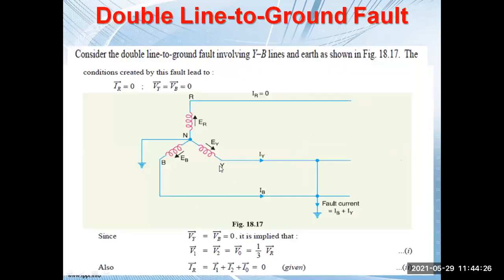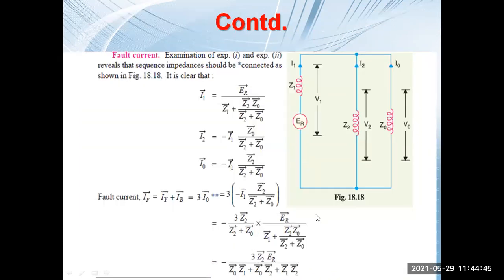Now you see the fault current, it has occurred in Y and B phase. Y and B phase is short circuited and it is grounded. So in this case the total fault current will be IY plus IB. That amount of fault current will be flowing to the ground. Now what will be the fault current?